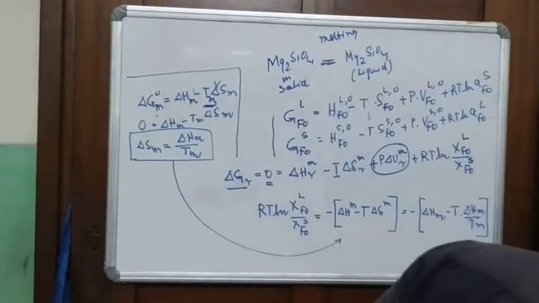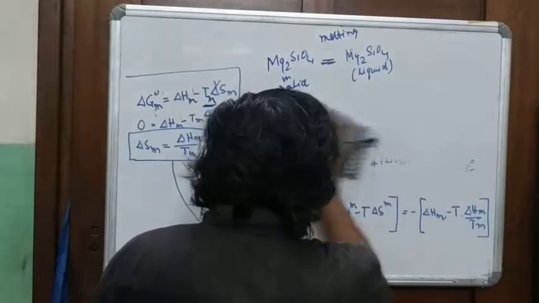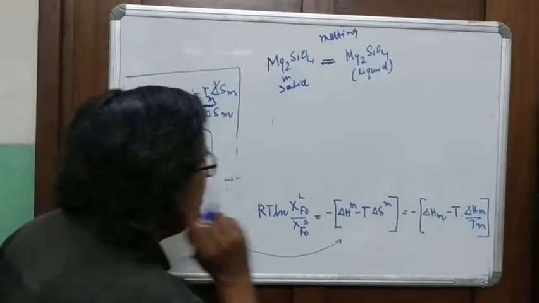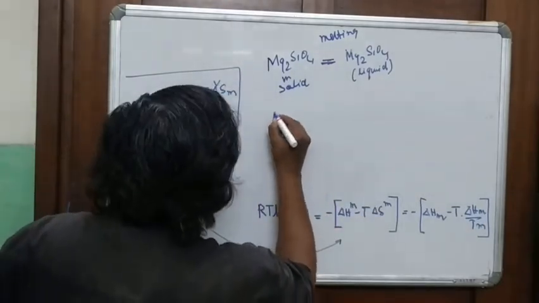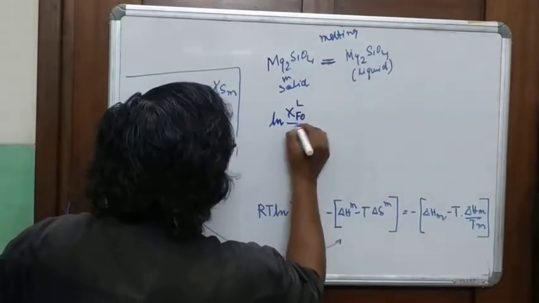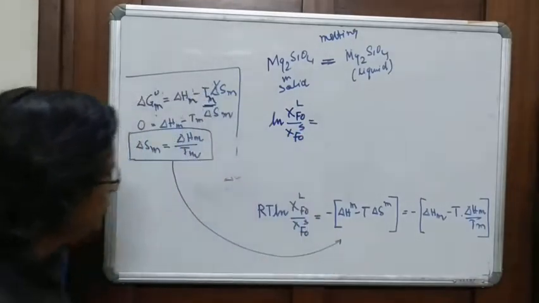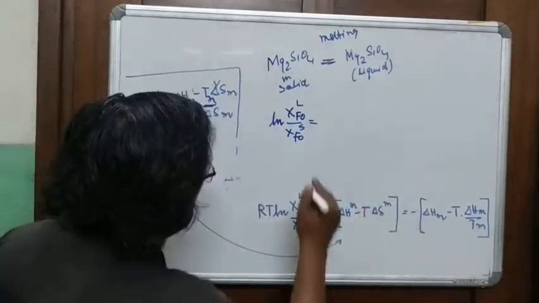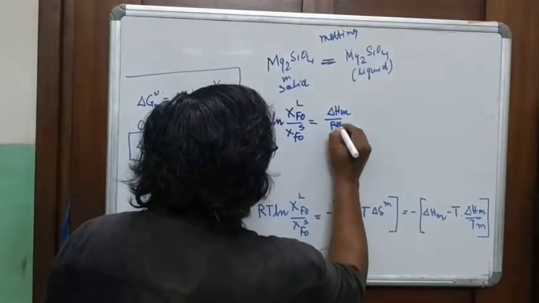Now, having said this, if we go back to this expression, then you see here, let me write, ln x forsterite in the liquid divided by x forsterite in the solid is equal to, now I have a minus sign here, so I can take this on this side and write delta Hm divided by RT.